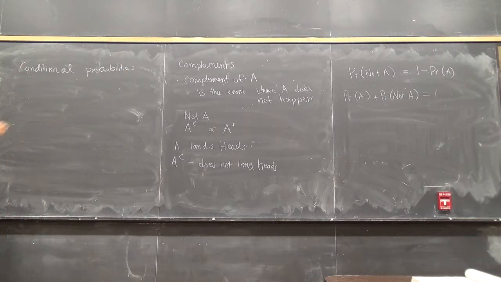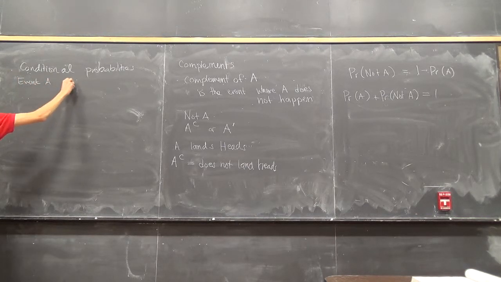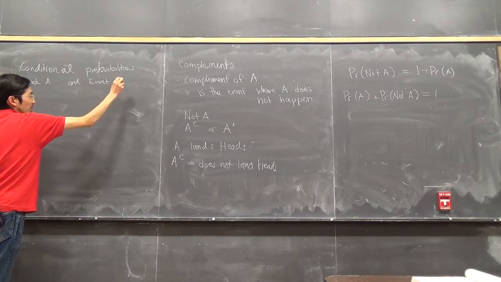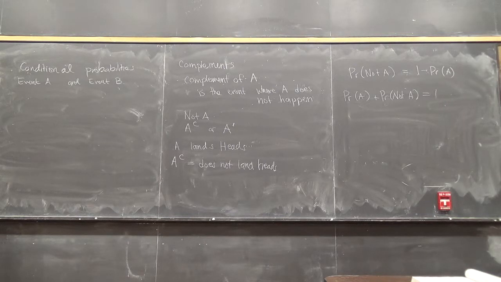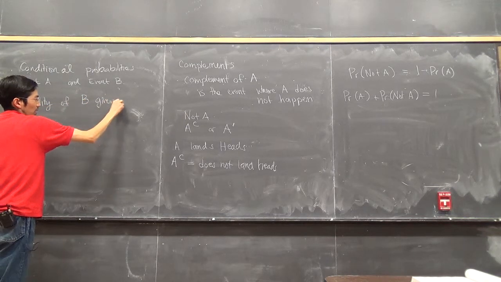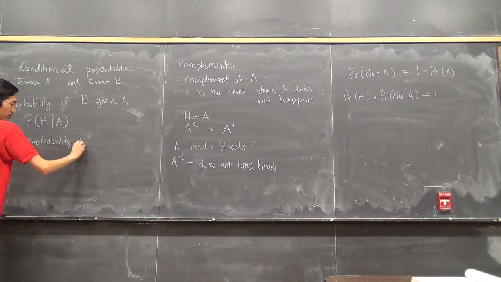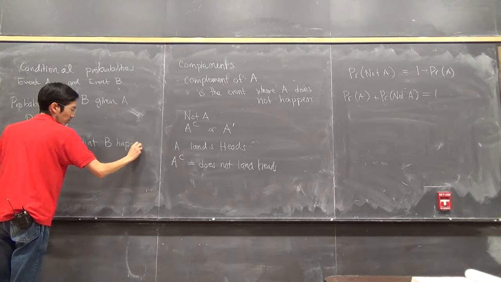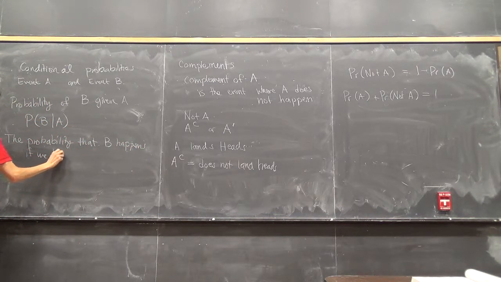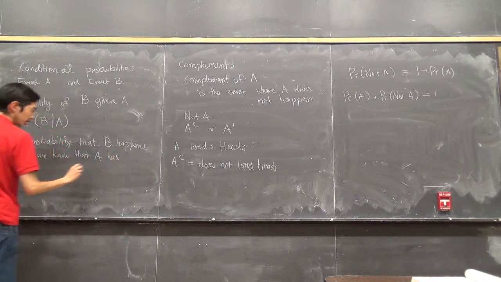Let's say we have another event B, so we have event A and event B. Then we have something called the probability of B given A. We write this as the probability of B, vertical bar, A, and we read this as the probability of B given A. This is the probability that B happens if we know that A has happened.